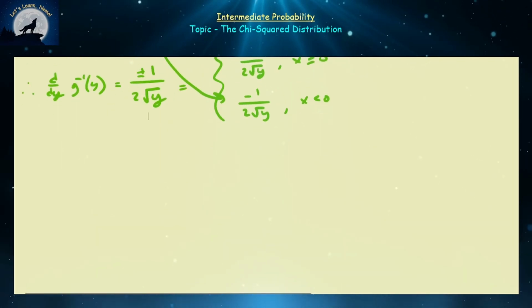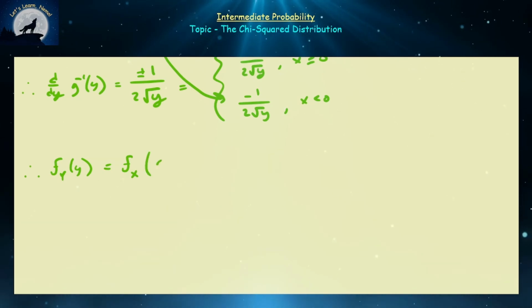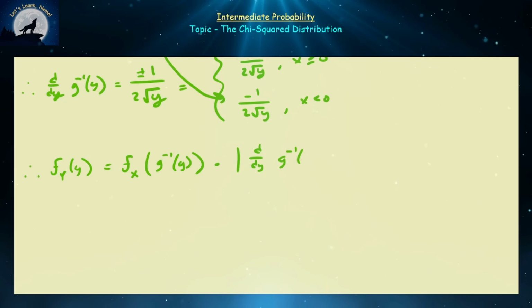Once we have that, we can start to build our probability density function for y with the change of variables relation. Keep in mind, this is going to be the probability density function for x evaluated at x, which is now in the form g inverse of y, multiplied by the absolute value of the derivative with respect to y of g inverse of y, which some people refer to as the Jacobian. We're going to split this up into two pieces.